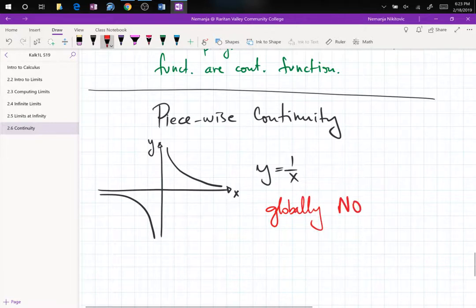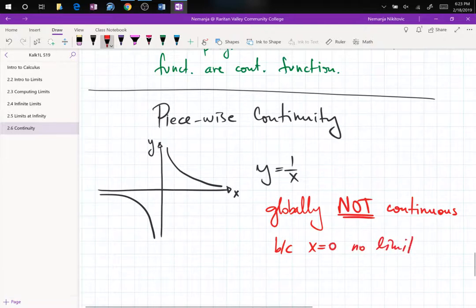Globally, not continuous. You can write that because at x equal to 0, there's no limit. So number 2 fails at that point. Well, number 1 fails as well. There's no function value at all, so they all fail.